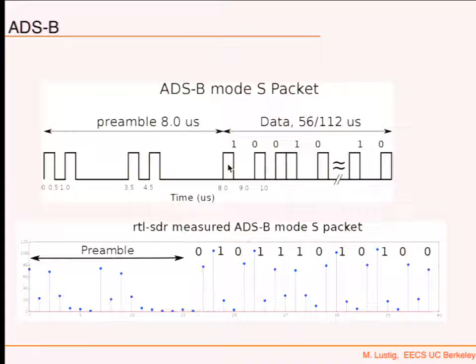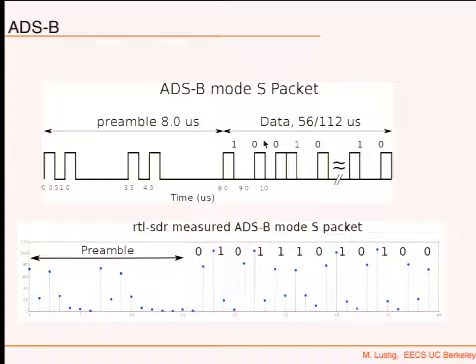In Manchester coding, you do something else. You encode a bit through transitions. Within a certain time, which we call a chip or a bit length, if you have a transition from high to low, signal to no signal, that encodes a 1. If you have a transition from no signal to a signal, that is bit 0.